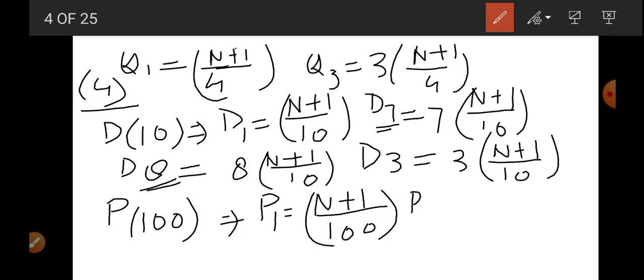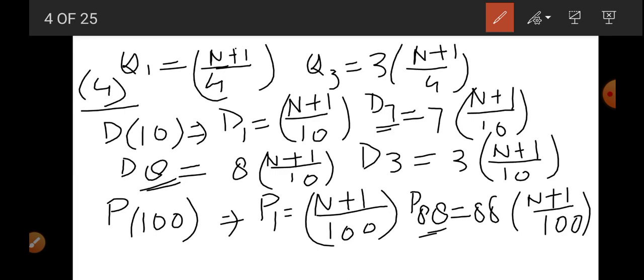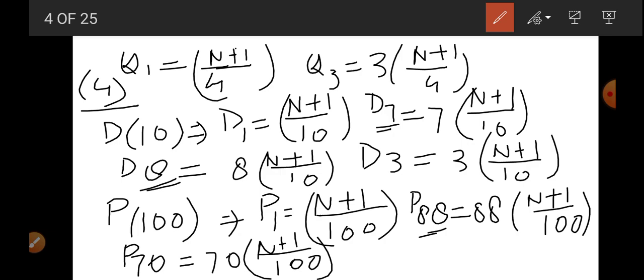If you want to calculate P88, write this basic equation (n+1)/100, and write 88 outside. Suppose you want to calculate P70, write the basic equation (n+1)/100, and write 70 outside. So on, you can calculate the equation.